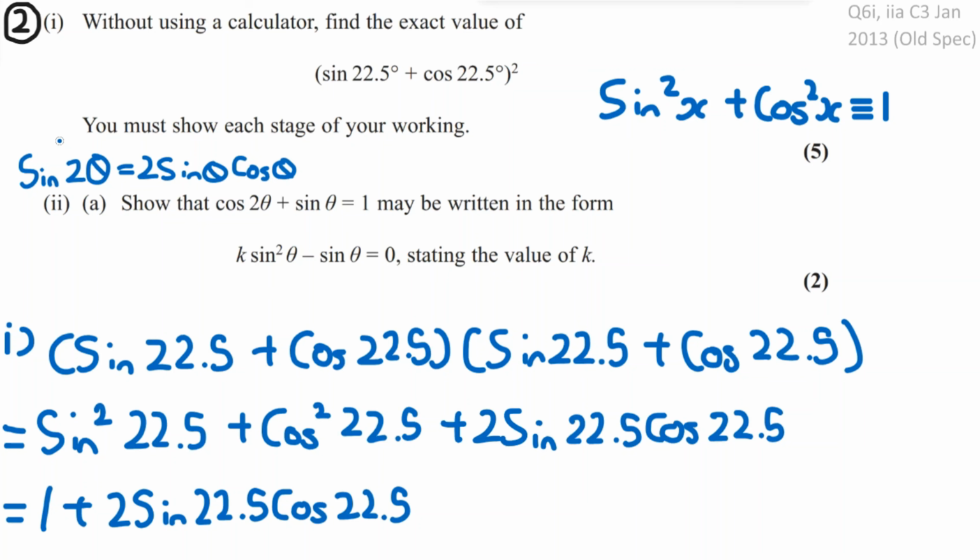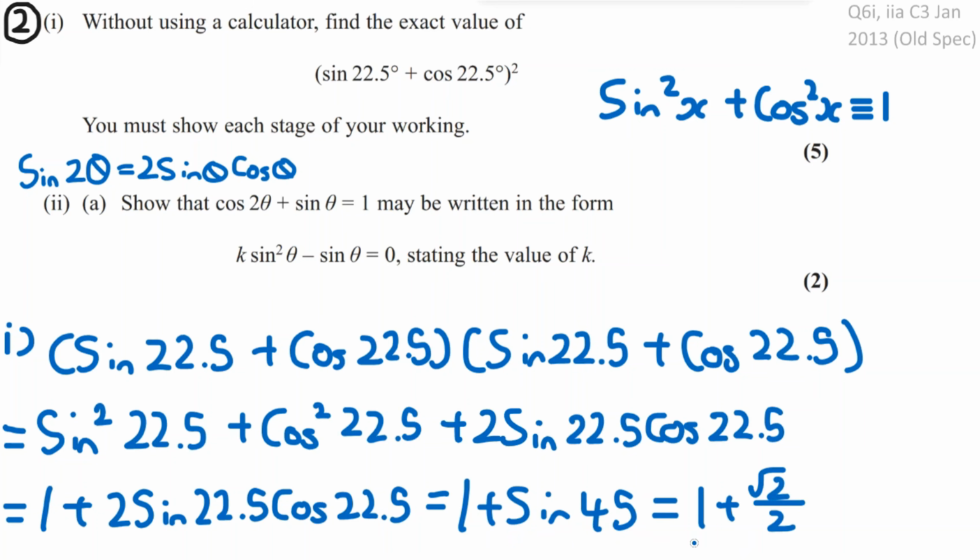So we can rewrite this as this here with 22.5 being the theta. So we can rewrite this as sin of 2 theta. So it's going to be sin of 2 multiplied by theta, which is 22.5. So we can rewrite this as sin of 45. And we know what sin of 45 is. Sin of 45 degrees is root 2 over 2. So therefore, this here, the exact value of it, is 1 plus root 2 over 2.